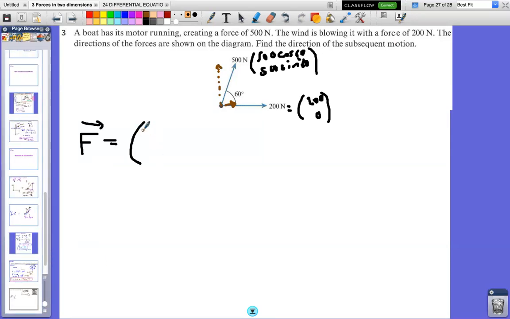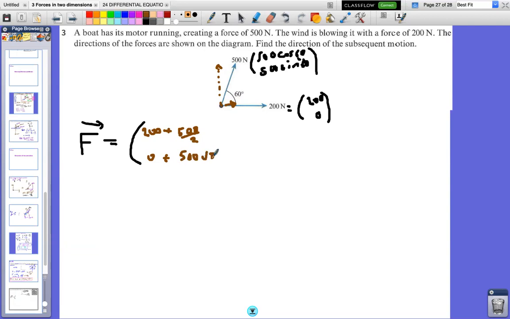So your resultant force will be 200 plus 500 cosine of 60. What is cosine of 60 anyway? It's a half, right? What is cosine of 60, guys? It's a half. And the 0 plus 500 sine of 60. What is sine of 60?